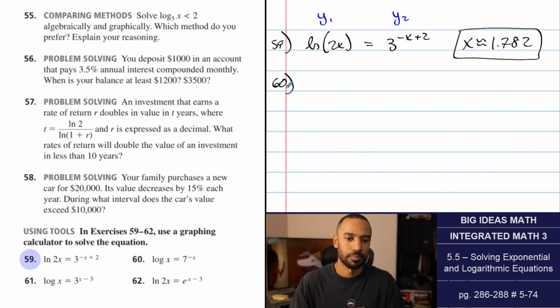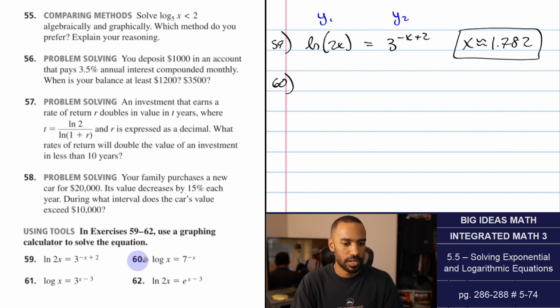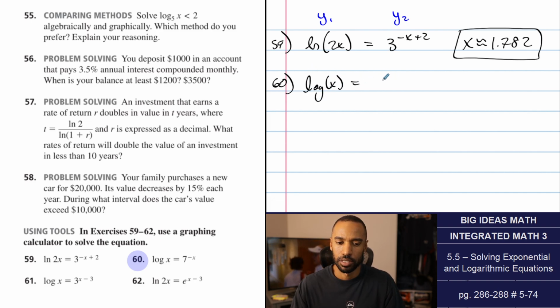Number 60, I have log of x equals 7 to the negative x power. Again, y1, y2 will suffice for us. So I'll go back to the calculator, do the same thing.